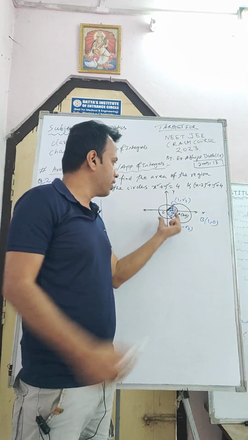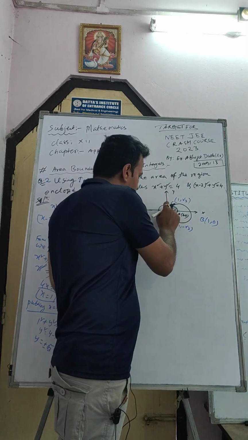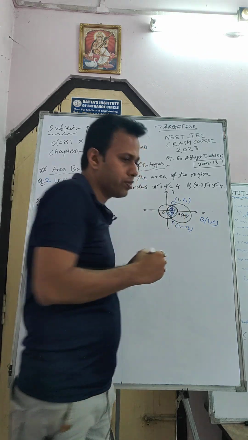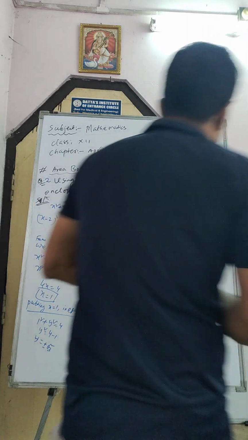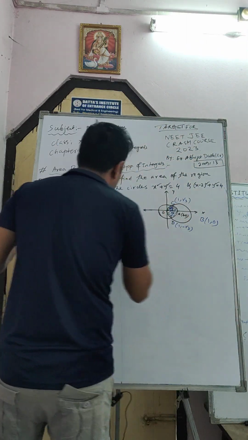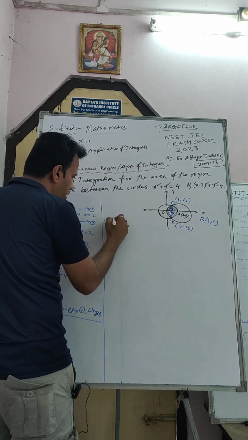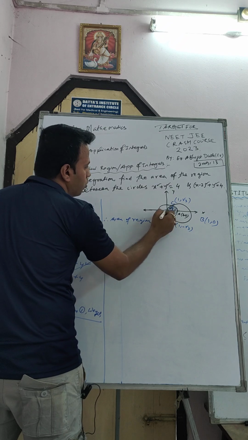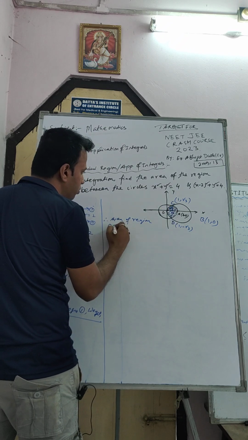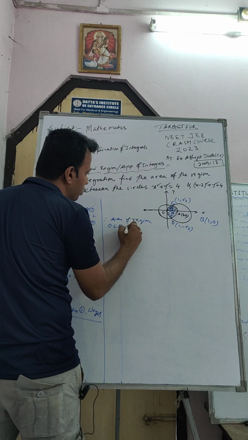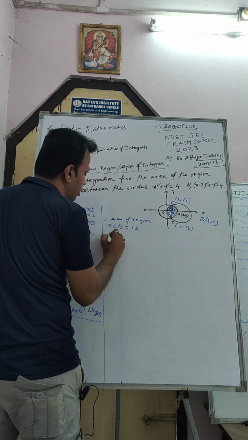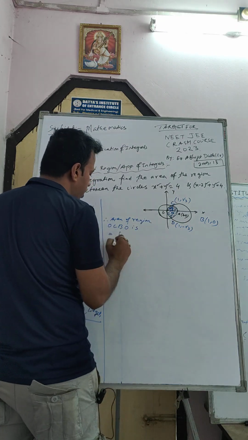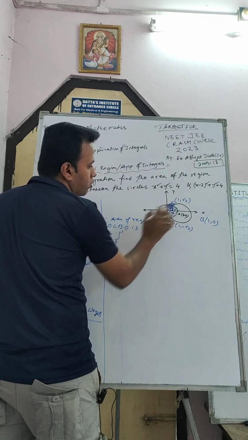Now it is time to find the area enclosed by the two circles. First we find the area of this circle. Therefore, area of region OCB is equal to the integration from 0 to 1 of y dx, since the coordinate of B is 1.